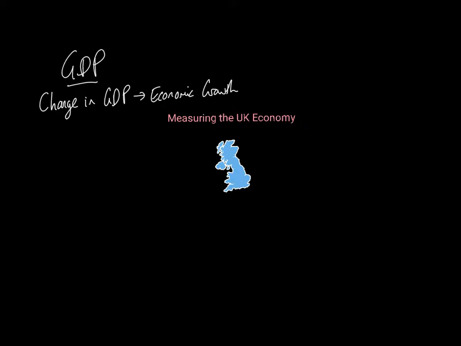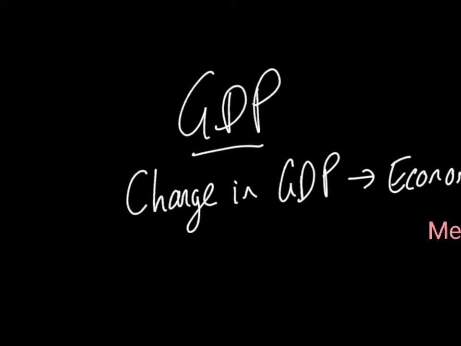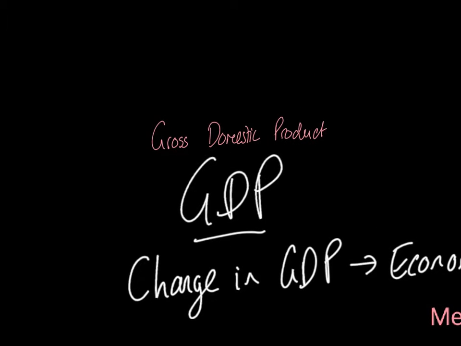So what is GDP? Let's have a look at it in a little bit more detail. The three words that make up GDP are gross domestic product. So let's take each of those in turn and think about what each of them means. Gross means the total.